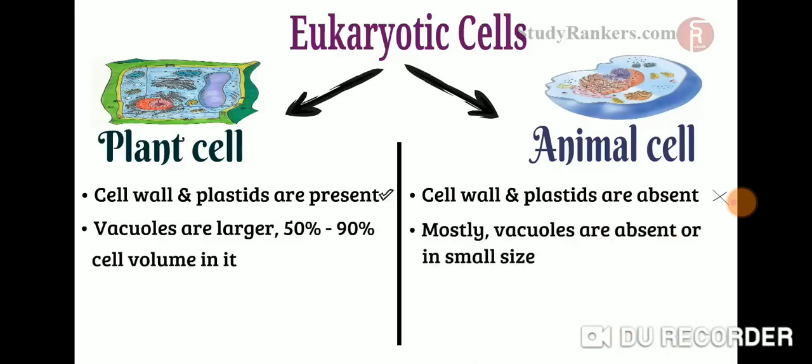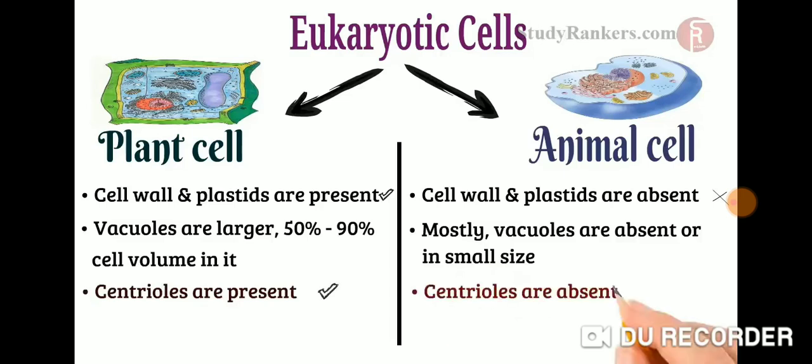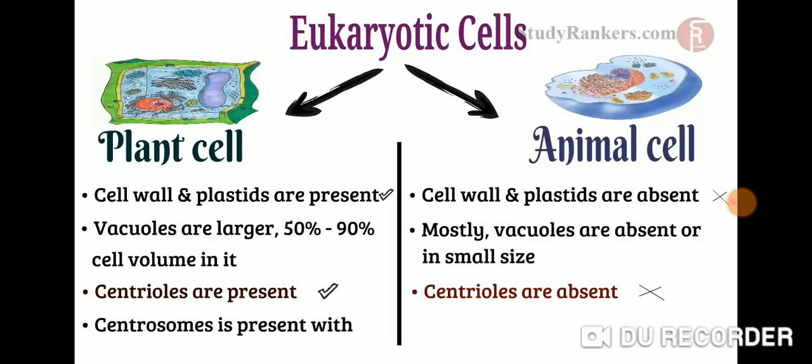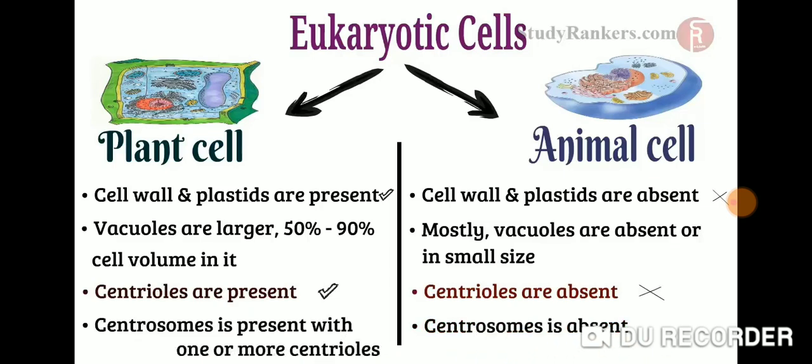Centrioles are present in animal cell while they are absent in plant cell. Centrosome is present with one or two centrioles, but in the case of plant cell, centrosome is absent.